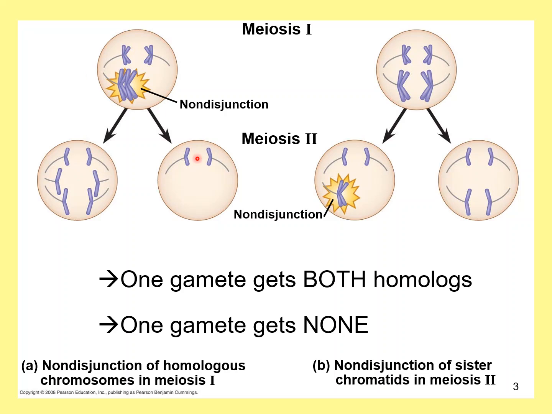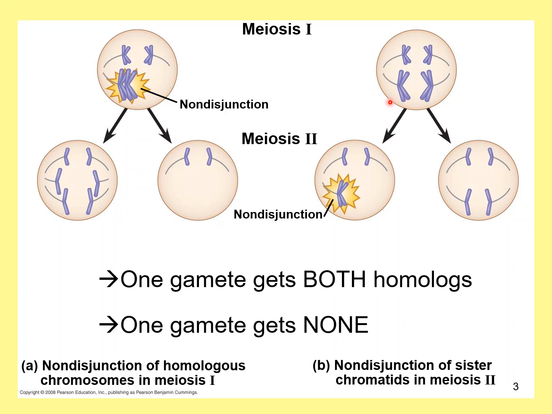Then the second homologous pair did not separate properly, and both went to this daughter cell, so the other daughter cell is missing that information. For that cell with the missing chromosomes, it's a fatal condition. The other one got an extra copy, which may or may not be fatal depending on what those genes code for.